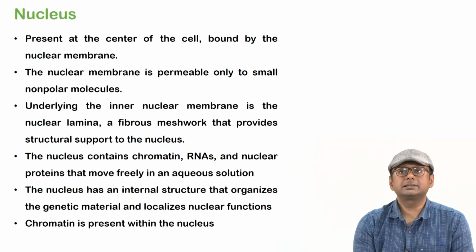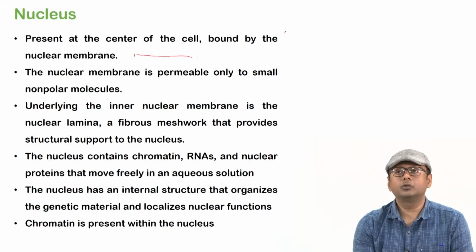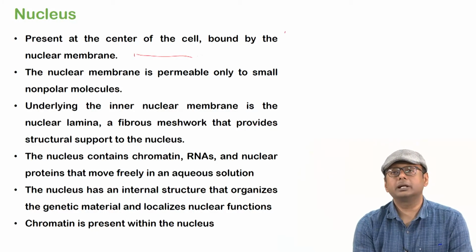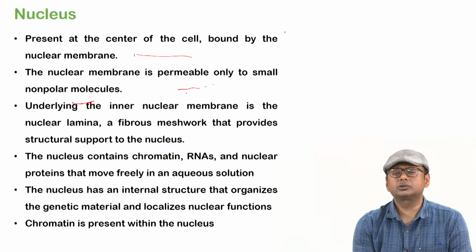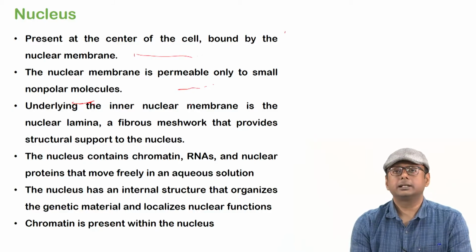So the nucleus is present mostly at the center of the cell, as you can see. It is bound by the nuclear membrane. So the nucleus is also protected by the nuclear membrane, and it is only permeable to very small non-polar molecules, because the nucleus is so sensitive and important to the whole cell structure that it only permits a few non-polar molecules.